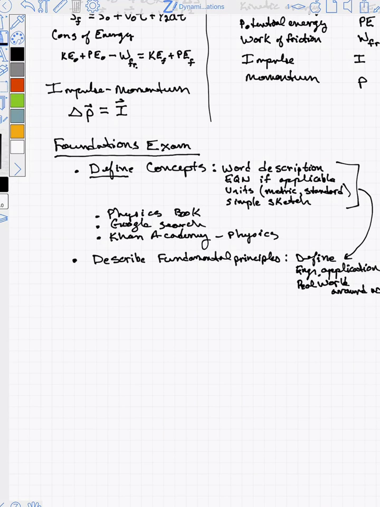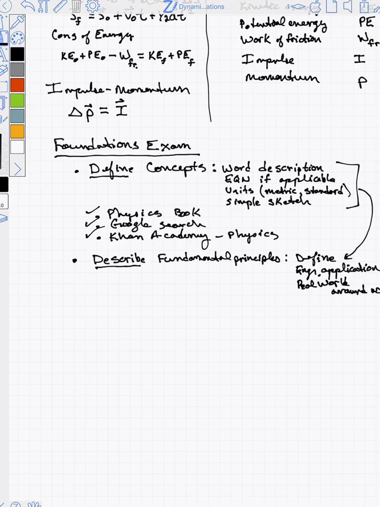So for the principles, we go a step further. We go beyond define and talk about where might we see this. Again, some good resources as you prepare to be able to describe these 5 fundamental principles are the same: your physics book, a Google search, or the Khan Academy.